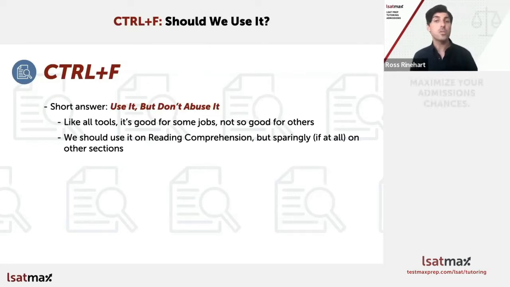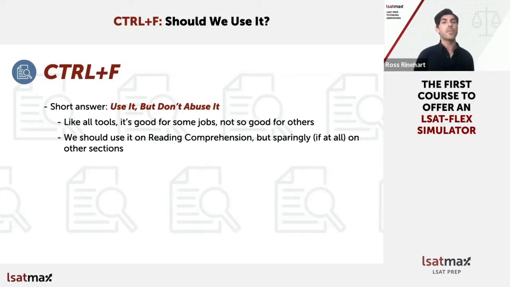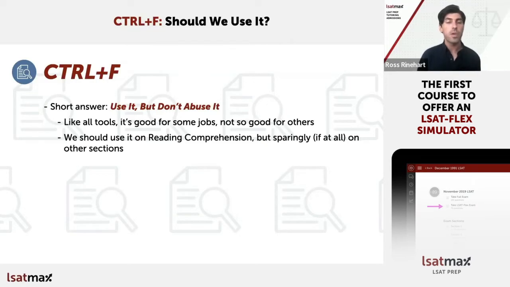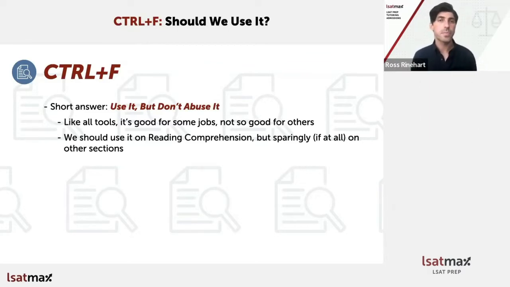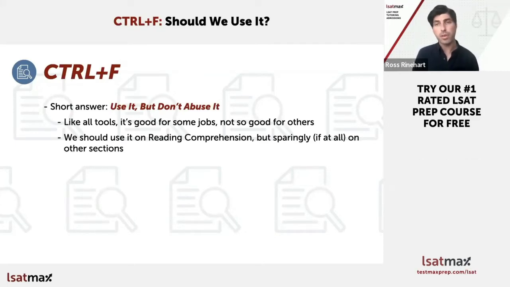In other words, the correct answer to many, but not all, but many questions on reading comprehension will be explicitly supported by information in the passage itself, or at least supported by multiple pieces of information from the passage that you can synthesize and use to support the right answer. Therefore, the Ctrl+F search function can really help us find those specific pieces of information quickly and reliably to find that support we need to select the right answer.